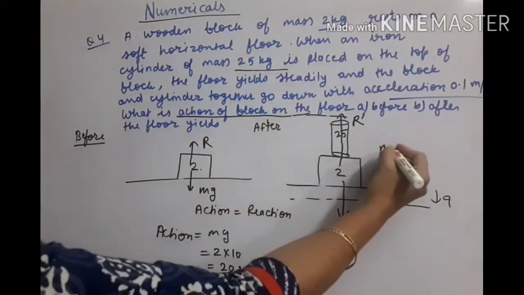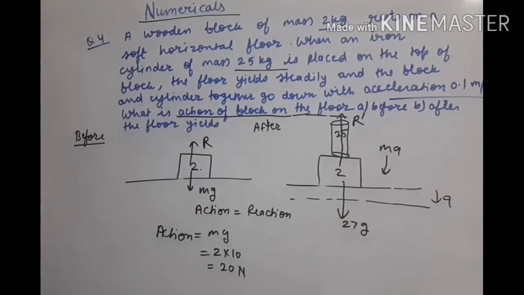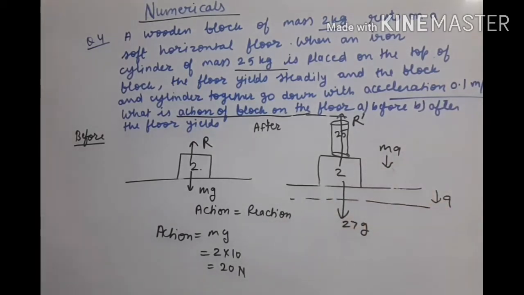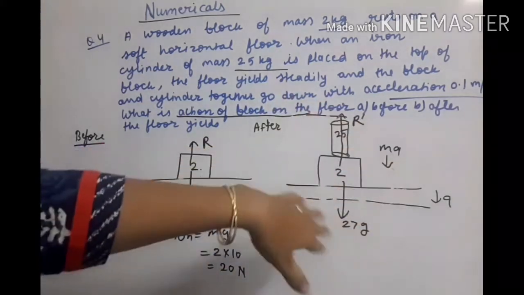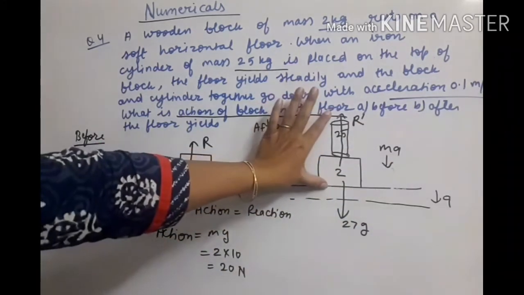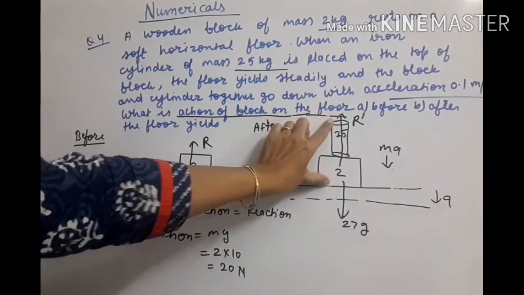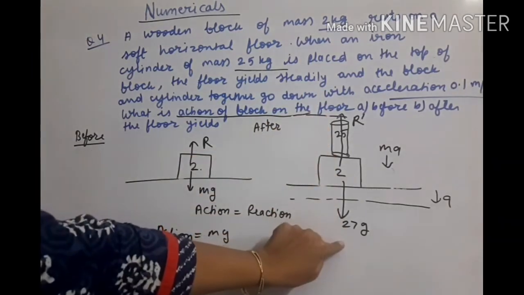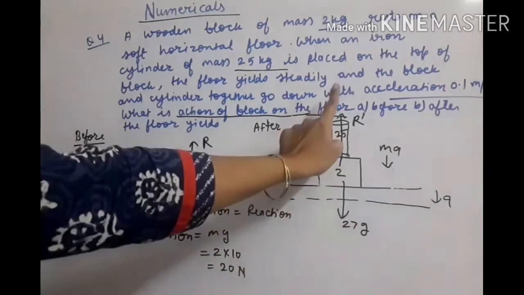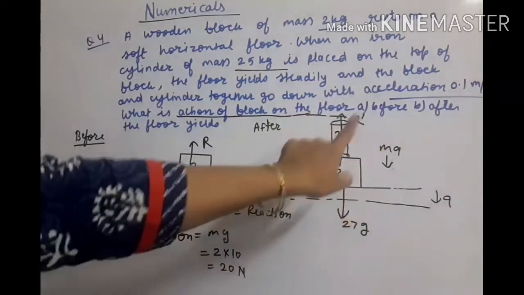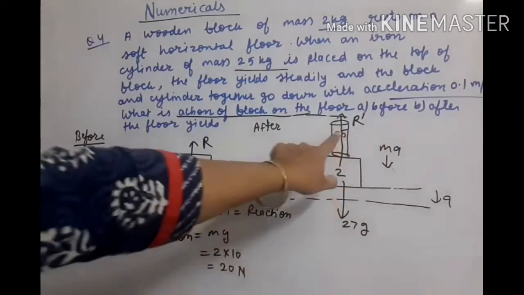So one force MA is acting downward. So on this block and cylinder, weight 27g is downward, normal reaction R dash is upward, and MA is downward.